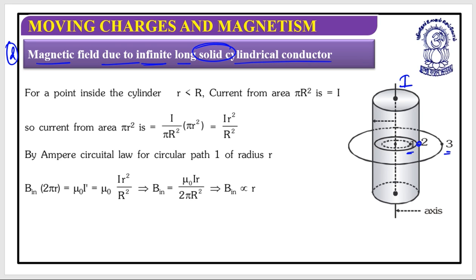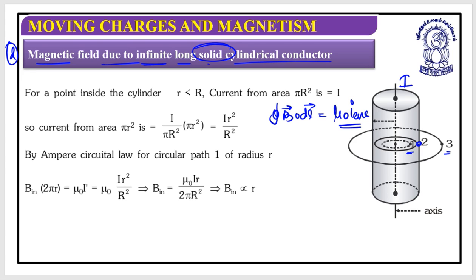And the third is outside the cylinder. So the simple mathematics is the line integral of B dot dl equals mu naught times I enclosed. This is the statement of Ampere's circuital law.